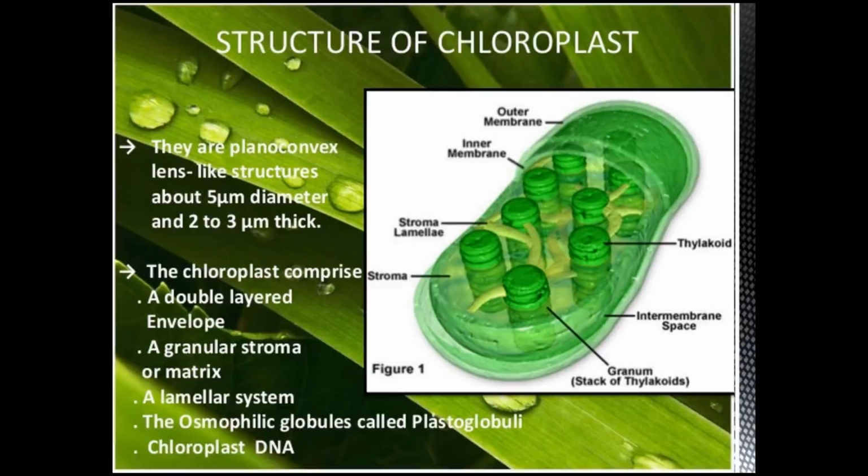The chloroplast comprises a double layer envelope, outer layer and inner layer, a granular stroma or matrix, which is inside all the tissues, then the lamellar system, and the osmophilic globules called plastoglobuli. Chloroplast has DNA. So chloroplast has outer membrane, inner membrane, stroma, stroma lamellae, thylakoid, granum, stalk of thylakoids.